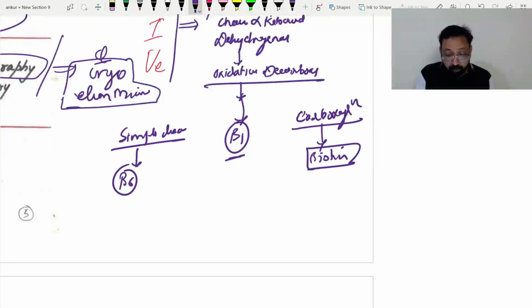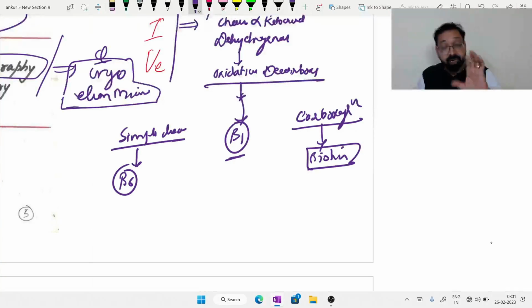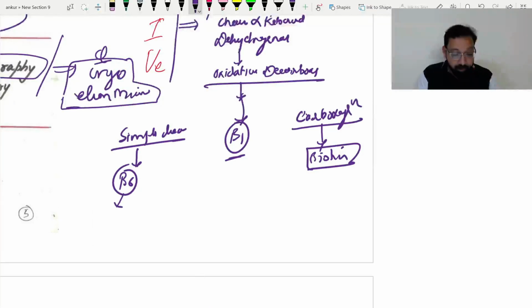All three questions. Okay, many times they ask a question like this: histidine is converted to histamine by decarboxylation. You must know histidine to histamine is simple decarboxylation. So three or four examples of simple decarboxylation you must mug up. Histidine to histamine, cofactor would be B6.